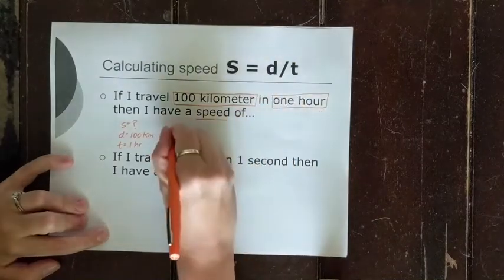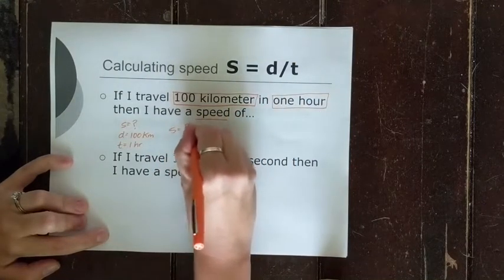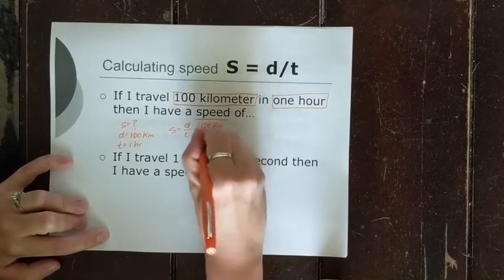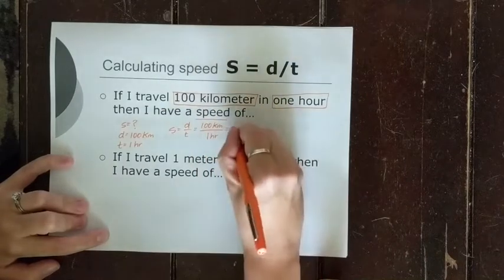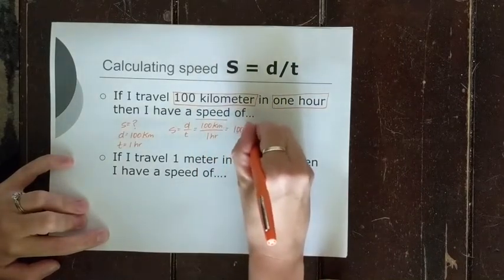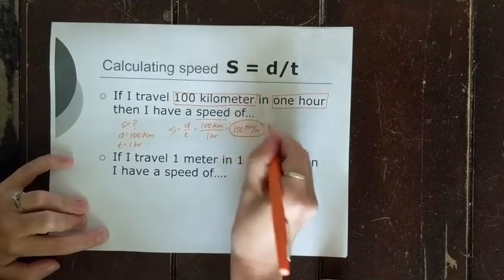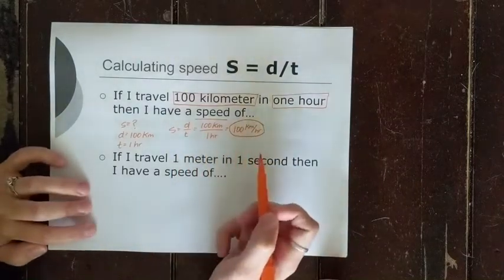So if I write out my equation, speed is equal to distance divided by time. We've got 100 kilometers divided by 1 hour. When we multiply that out, it's very simply 100 kilometers per hour. Now that one's simple because we're working with dividing by 1, but that's how you generally set it up.